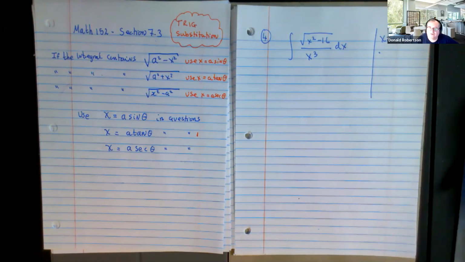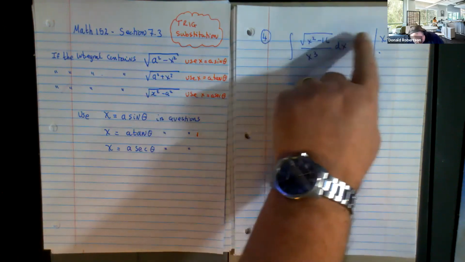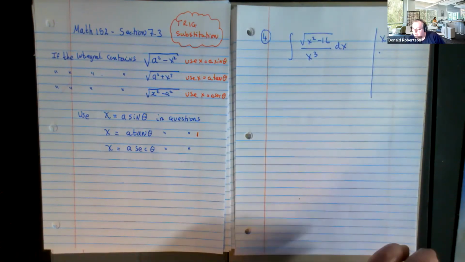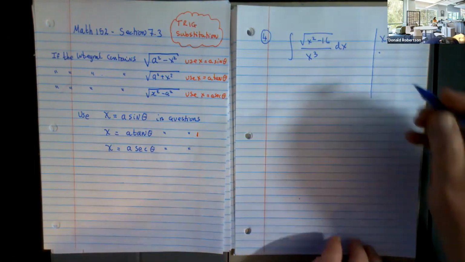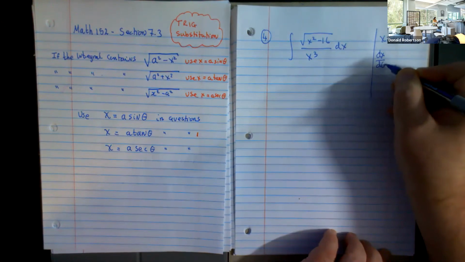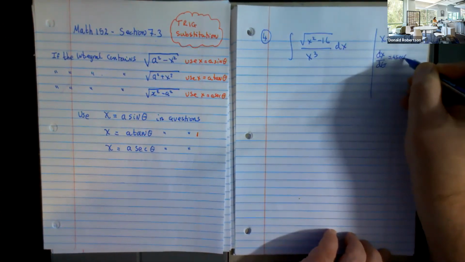Okay, so we are going to go through this pretty much the same way as we did the last one. So phase one is integrate this and get an answer in terms of theta. So if you differentiate 4 secant theta, you get 4 secant tan.